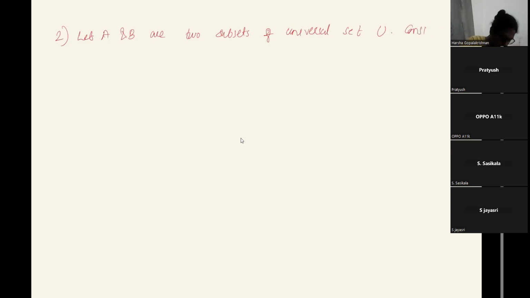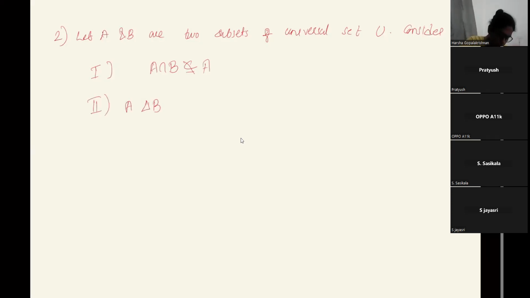First statement is A intersection B is not a subset of A. And the second statement is A symmetric difference B equals (A union B) intersection (A intersection B) complement.